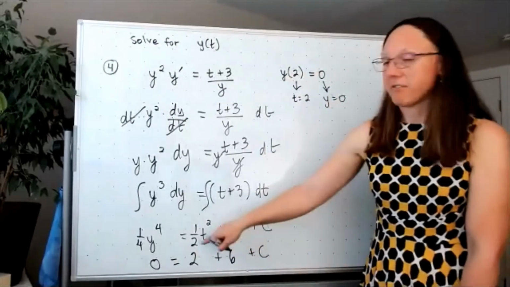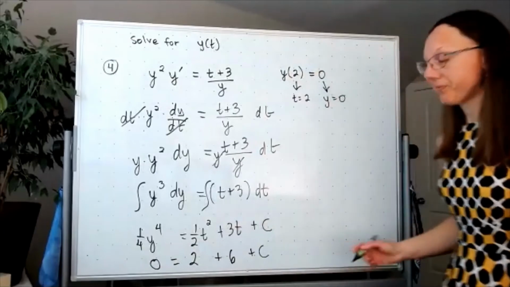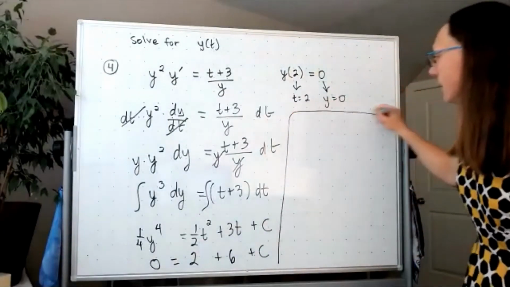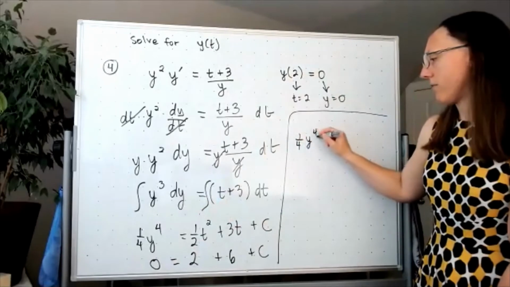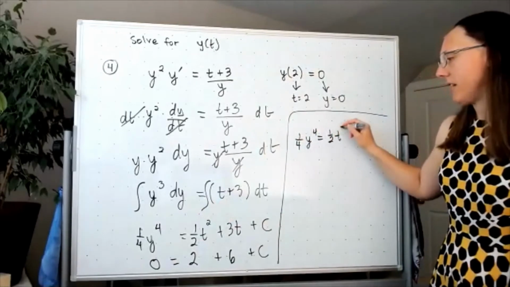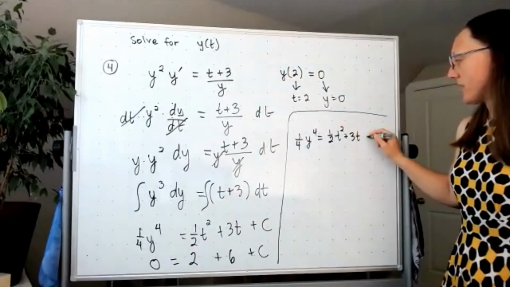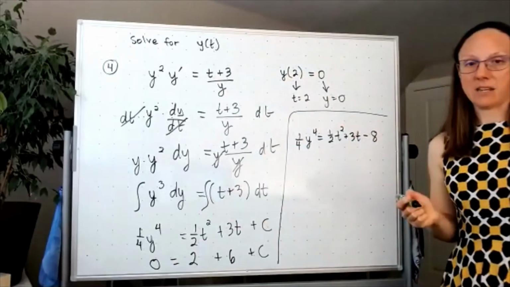So it looks like c is going to have to be -8, which means my equation would look like 1/4 y to the 4th is equal to 1/2 t squared plus 3t minus 8.